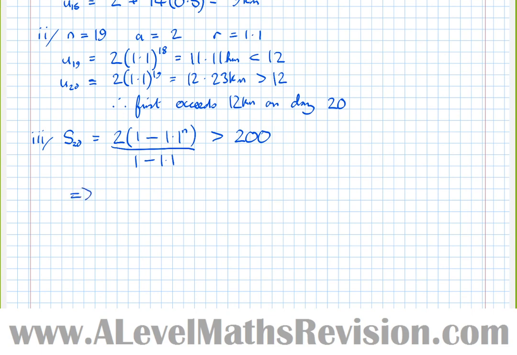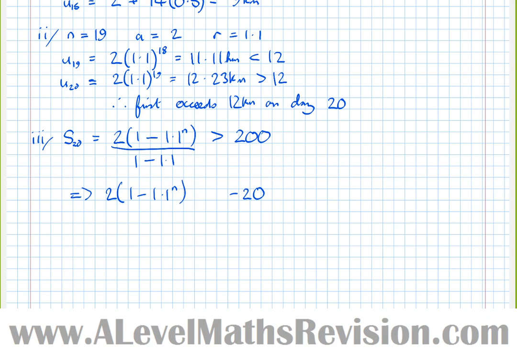So now if we times both sides by 1 minus 1.1, i.e. minus 0.1, we get 2 times 1 minus 1.1 to the power of n, and 200 times minus 0.1 is minus 20.